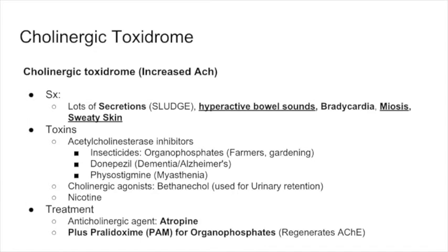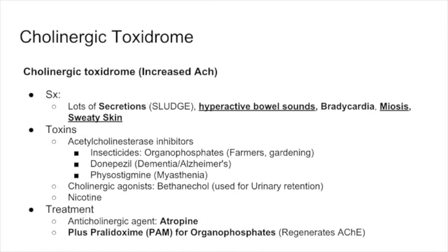What's happening is that they have an organophosphate toxicity. Also, another example which I didn't put here is the bioterrorist agents. They can use irreversible organophosphates. So that's also an acetylcholinesterase inhibitor.